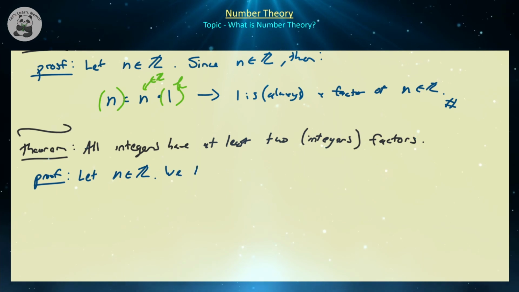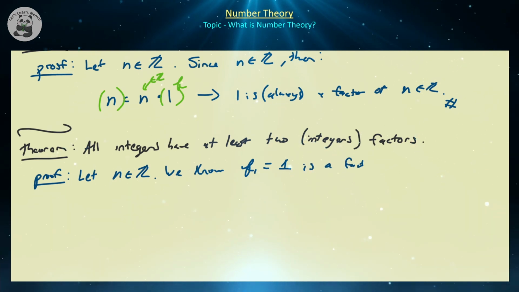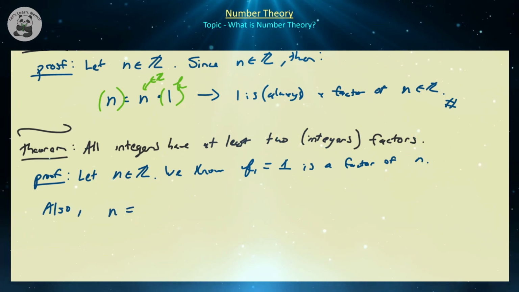We already know from the previous theorem that 1 is a factor of n. So what is another factor of n? Also, we can represent n in the following way: n is equal to 1 times n. So what exactly are we claiming here? We're trying to show that n is a factor of itself, right?